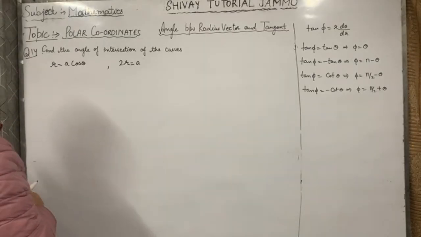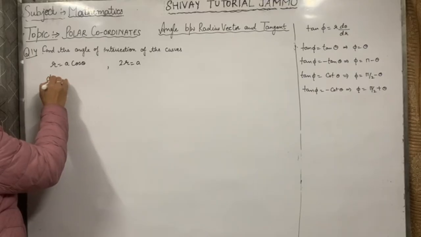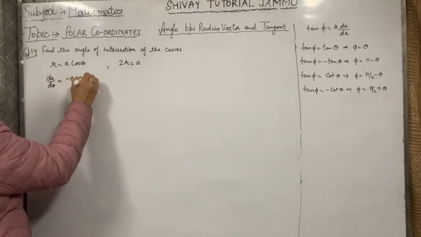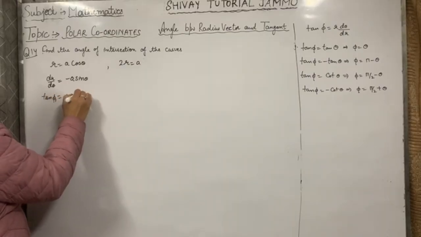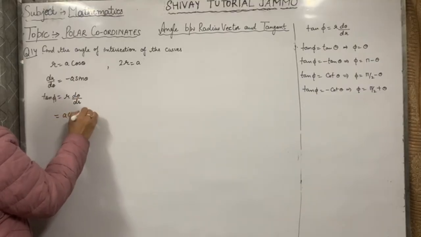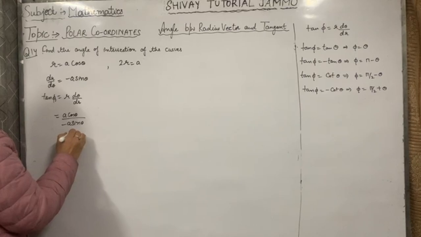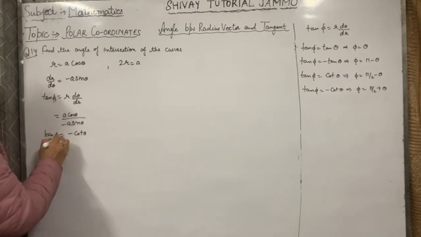Next is r is equal to a cos θ and twice r is equal to a. dr/dθ is minus a sin θ. tan φ1 is r dθ/dr, a cos θ upon minus a sin θ. That is minus cot θ. We will use the fourth formula.